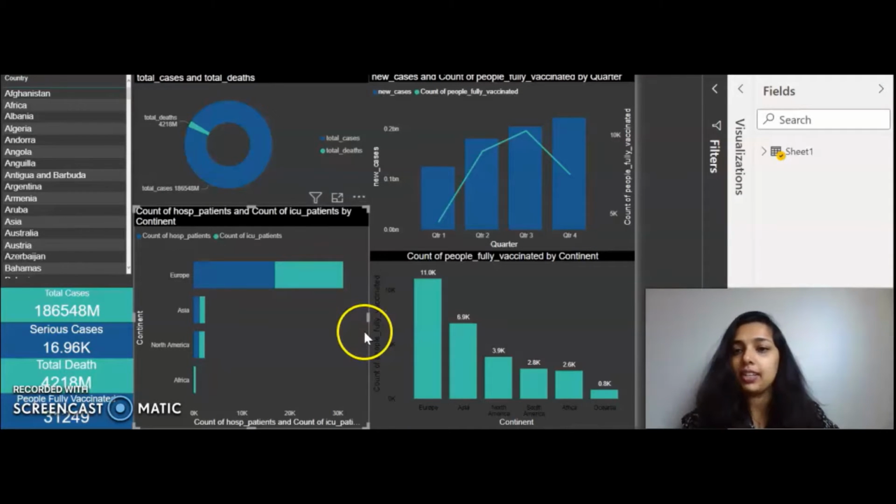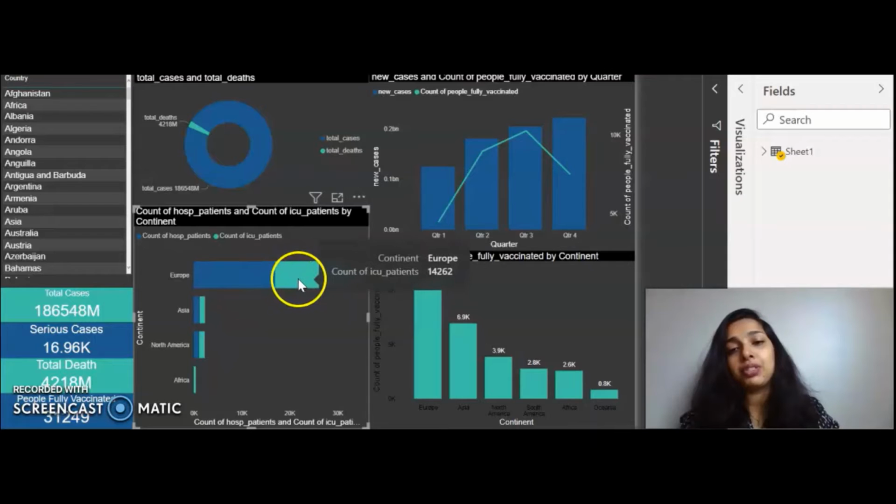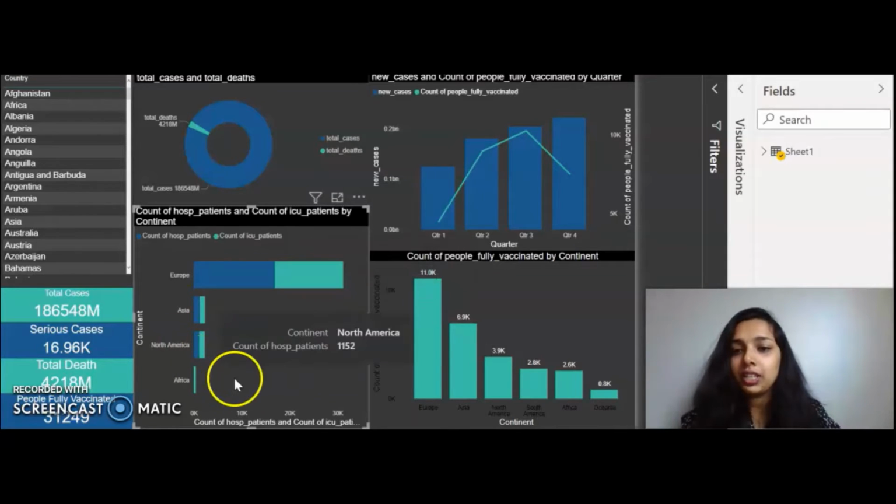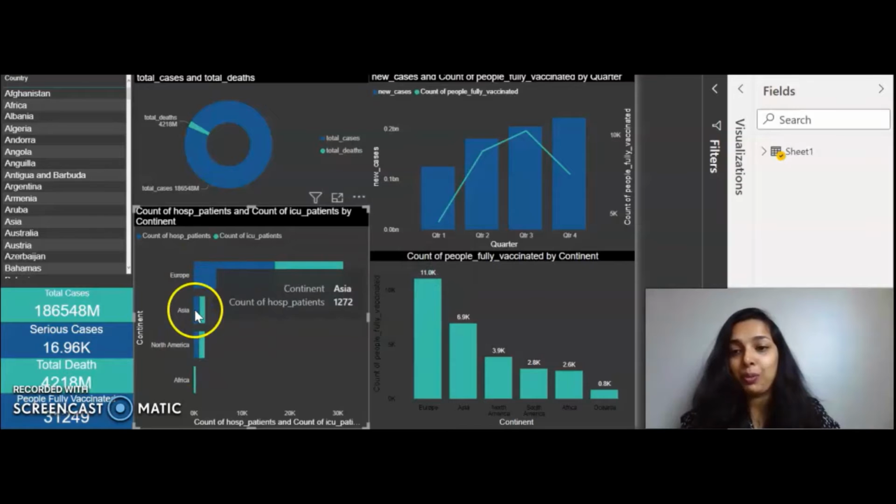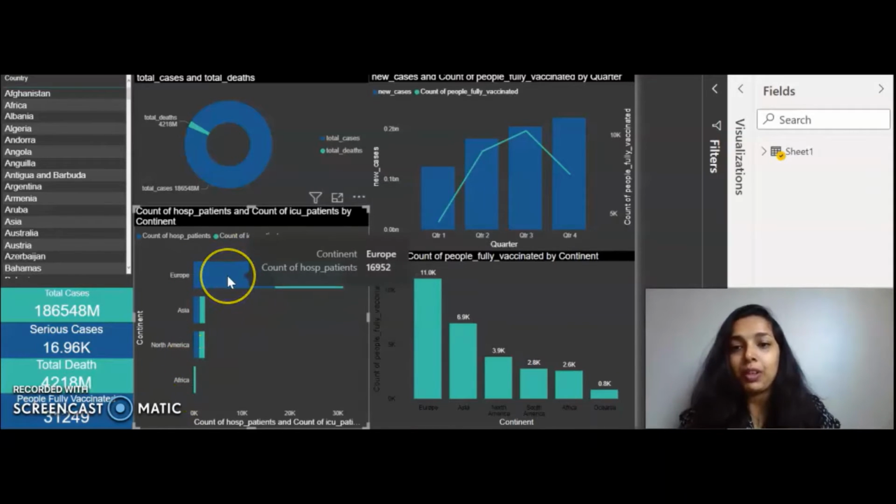Here in this stacked bar graph, we have plotted for each continent the number of patients in the hospital and the number of patients in ICU. For the continents Europe, Asia, North America, and Africa, we could see that for Europe, the count of hospital patients was 16,952, and the count of ICU patients was nearly 14,262.